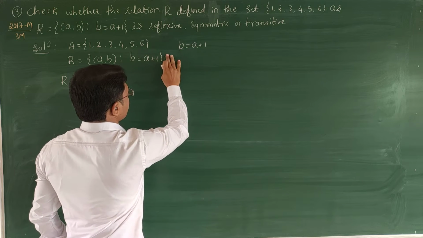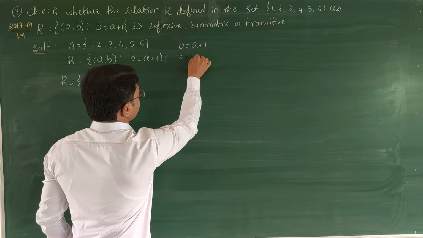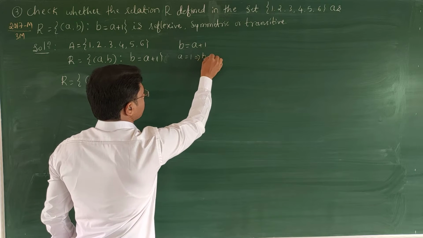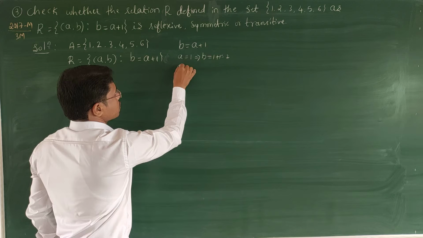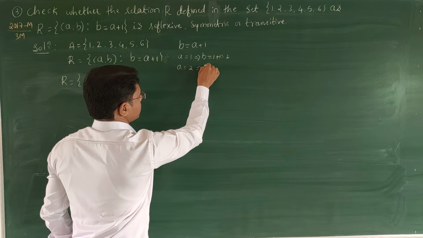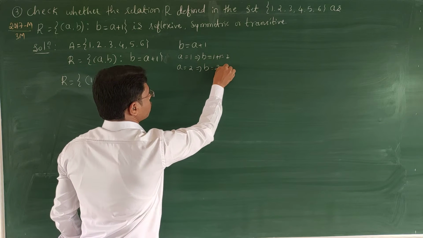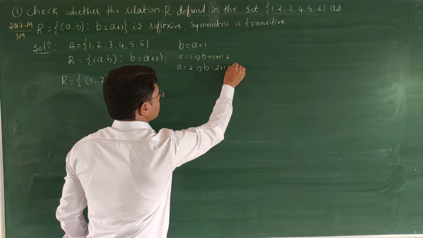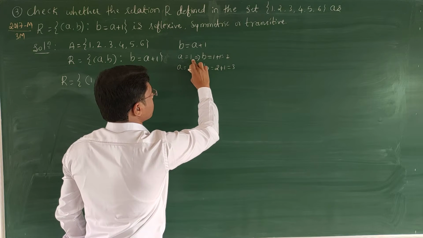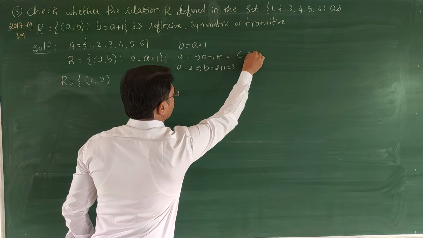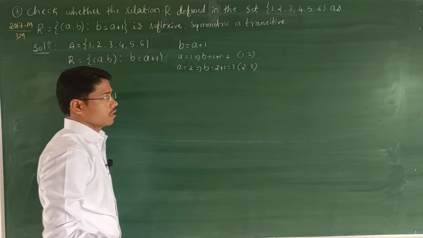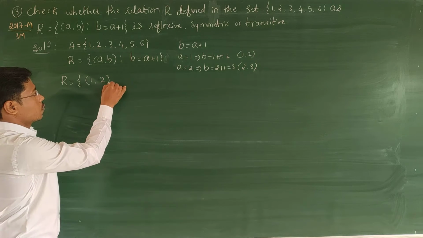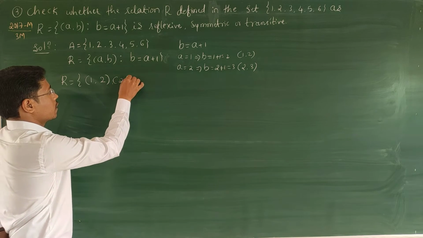Suppose a = 1, b = 1 + 1 = 2. Suppose a = 2, b = 2 + 1 = 3. Its ordered pair is (1, 2). Its ordered pair is (2, 3). Okay, like that.